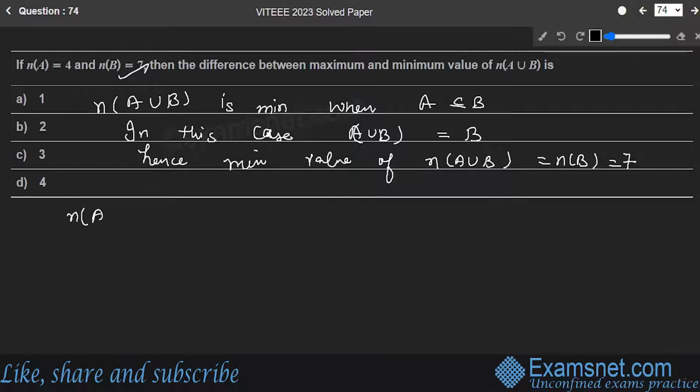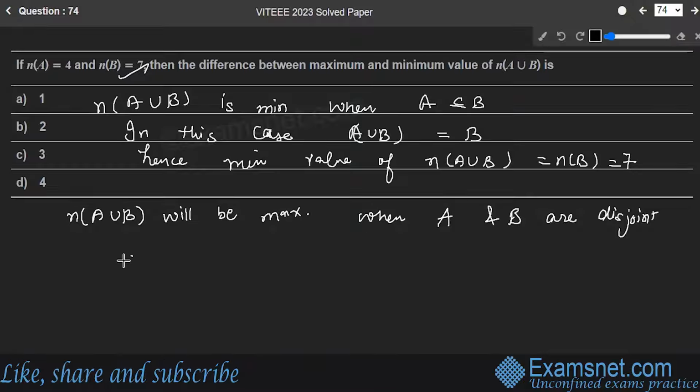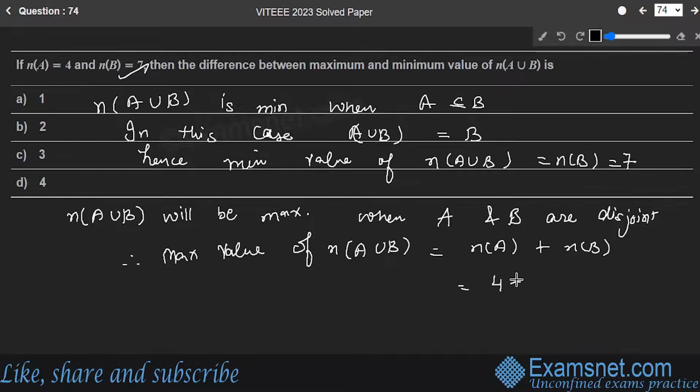When will this be maximum? When they are exactly different, when A and B are disjoint. Therefore, the maximum value of n(A ∪ B) in this case will be n(A) + n(B), which is 4 + 7, that is equal to 11.